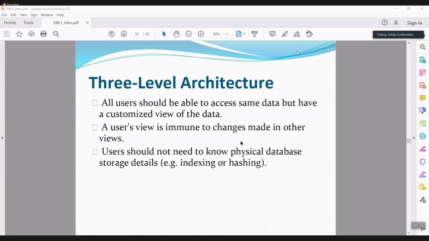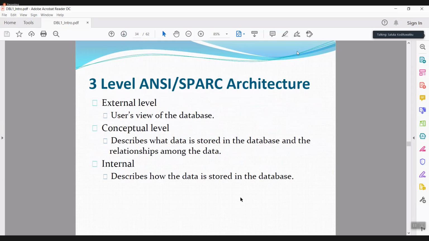In addition to that, this also facilitates storing our data on electronic media and lets users retrieve or update those stored data through this three-level architecture. This is usually called the ANSI-SPARC architecture, and the three levels are known as the external level, the conceptual level, and the internal level.